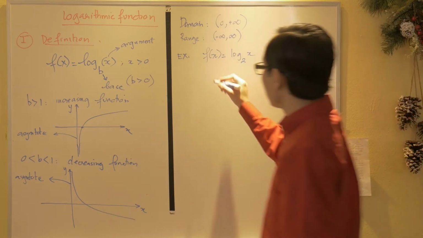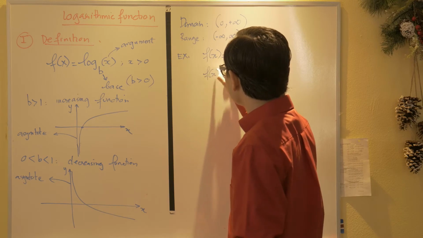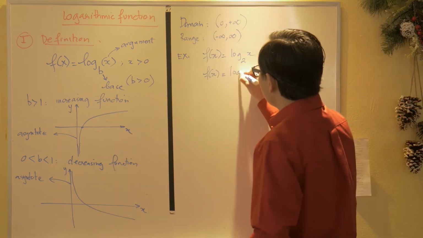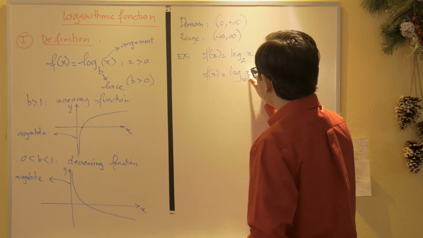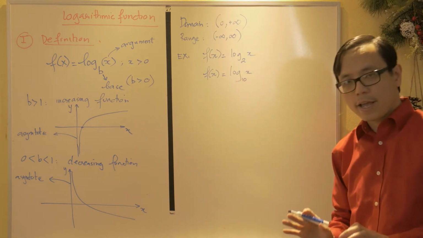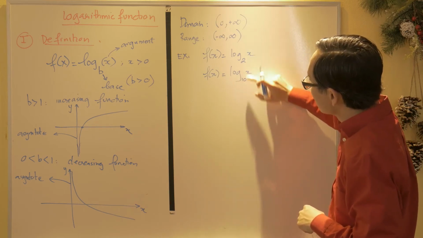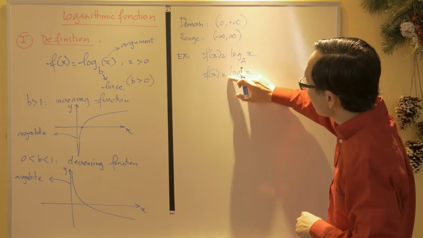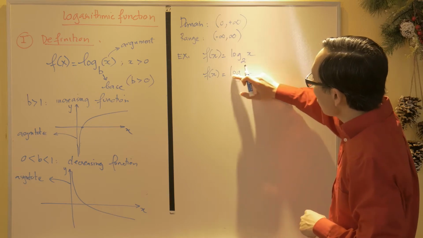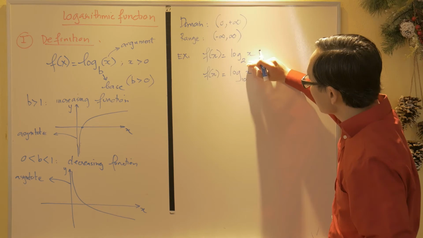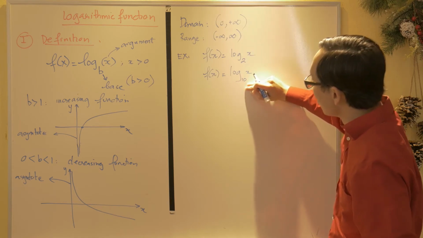Or I can have something like this: f of x equal to log base 10 of x. You see, I'm writing very carefully. The base, the subscript, I always write lower than the log and the argument. The log and the argument are on the same level. However, the base is a subscript, so I write it lower.